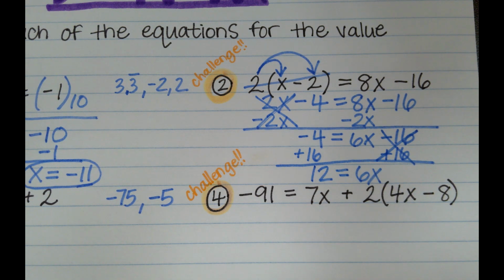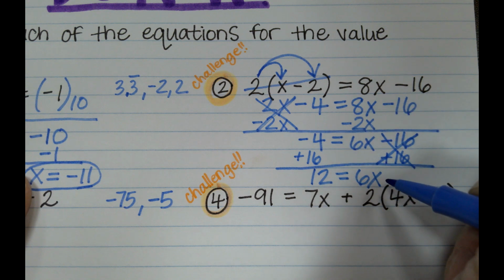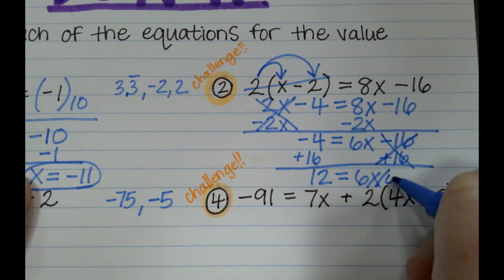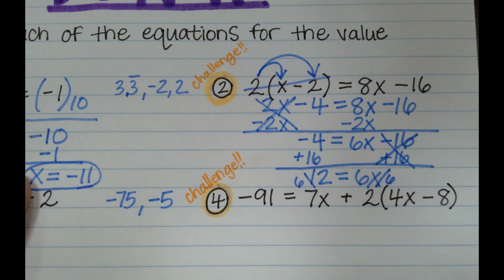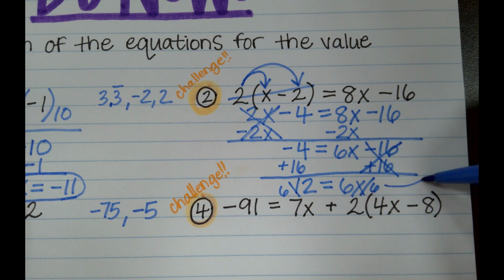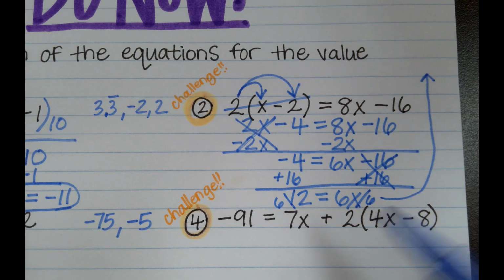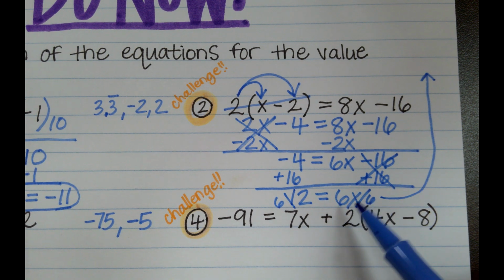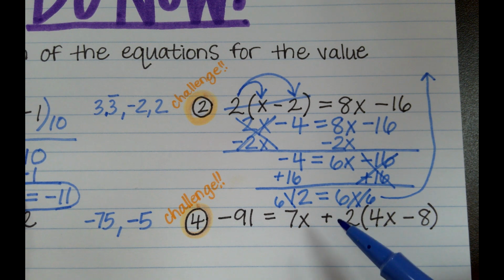What would we do now? Divide. Yes, we want to get x by itself. We just have one last step. We're going to divide by 6 on both sides. So let's do that. Divide by 6, divide by 6. I apologize. This is some of the worst looking work. This is not making it easy for us to tell what's going on here.